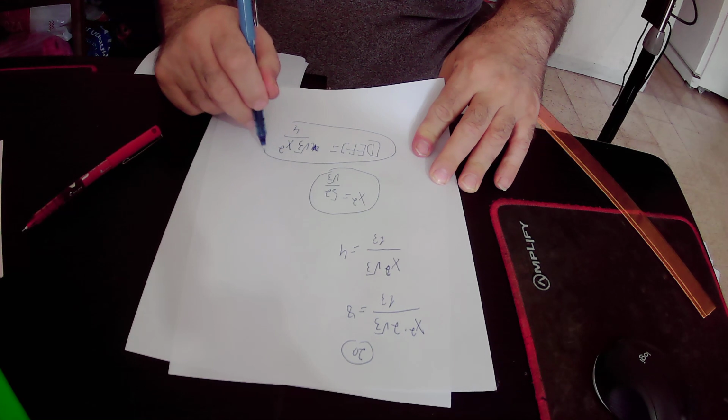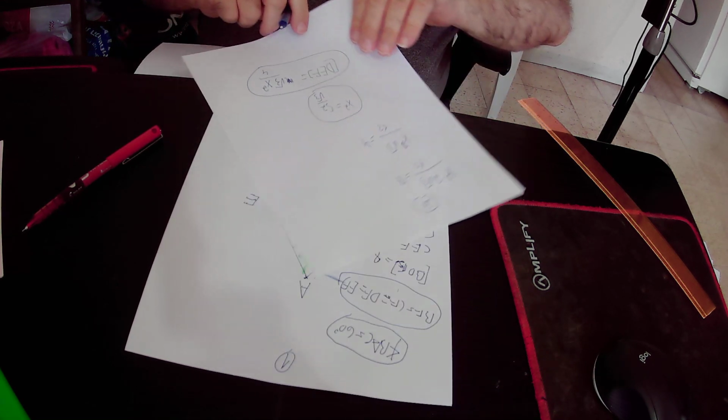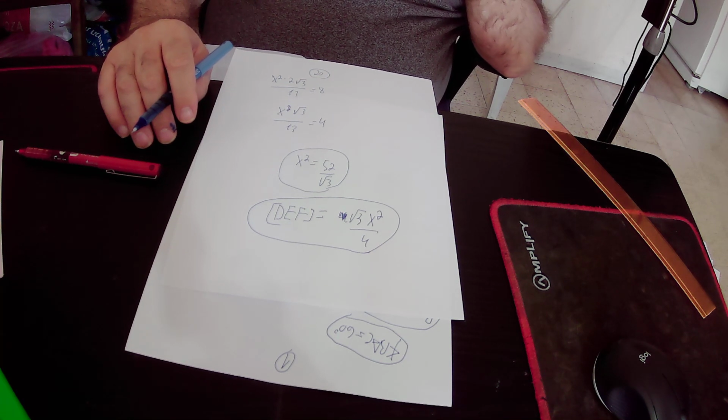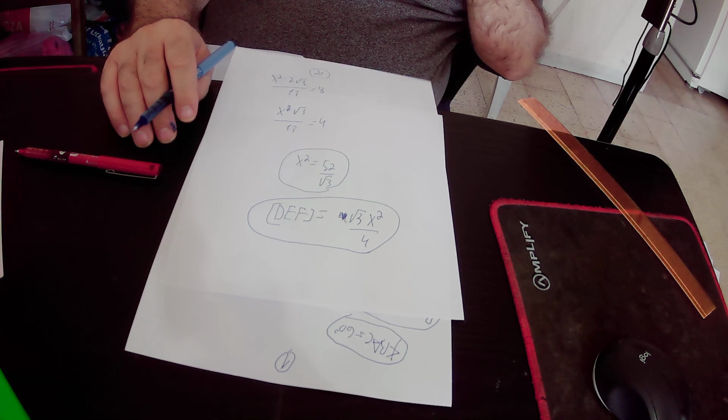Okay, the area of the equilateral triangle DEF equals to root 3 times x squared over 4.